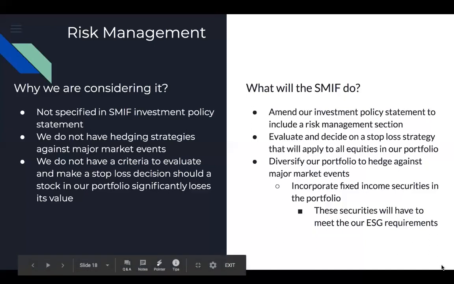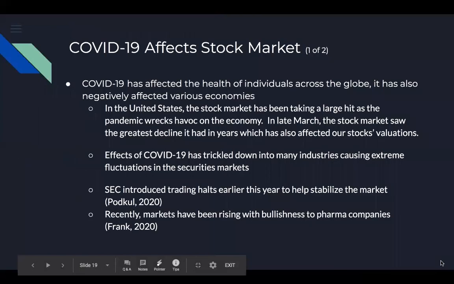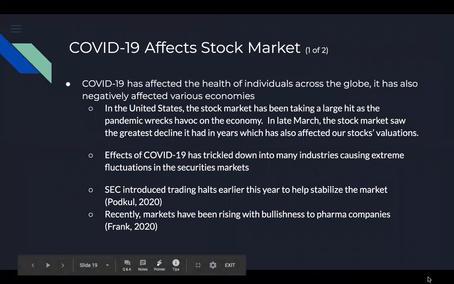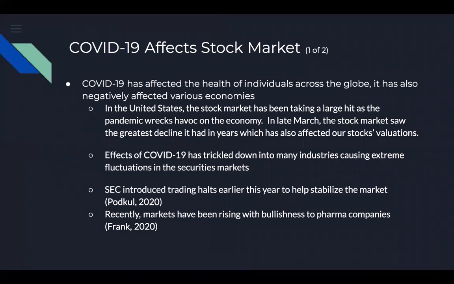Next, we will talk about how COVID-19 has affected the market as a whole and our portfolio. So as Marie just mentioned, COVID-19 has affected the health of individuals across the globe, which has in turn affected many economies, which means that the stock market has been affected, especially here within the United States.